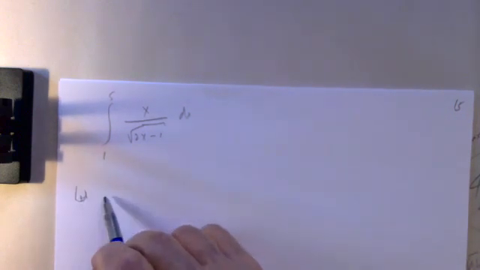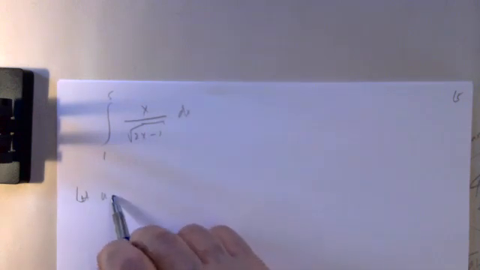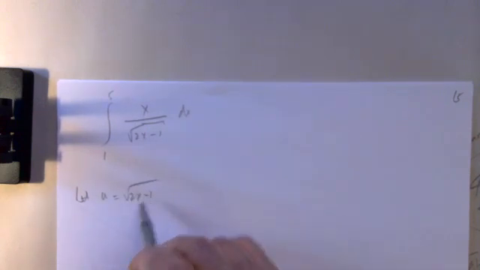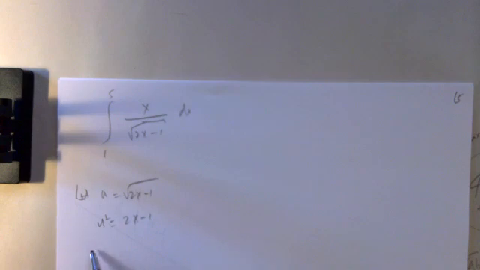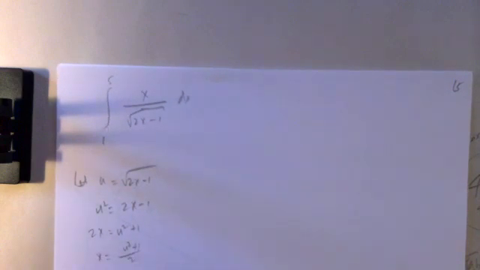Suppose we let u be the denominator, the square root of 2x minus 1. So u squared is 2x minus 1. If I solve for x, 2x is u squared plus 1. So x is (u squared plus 1) over 2.